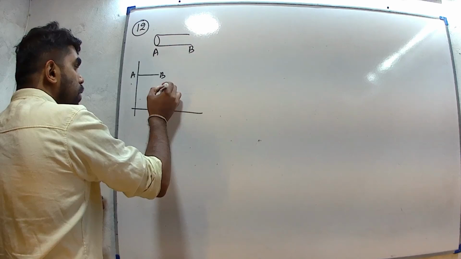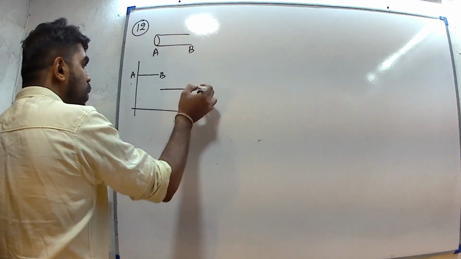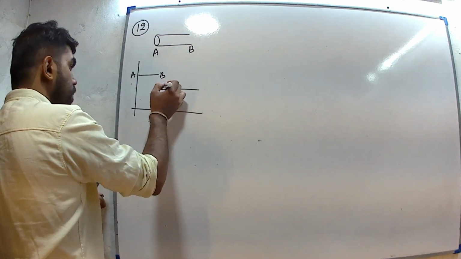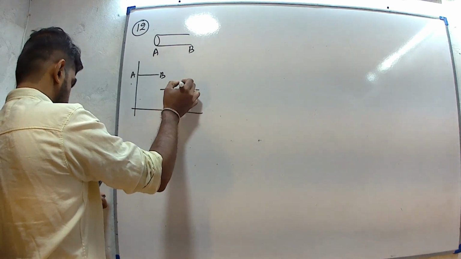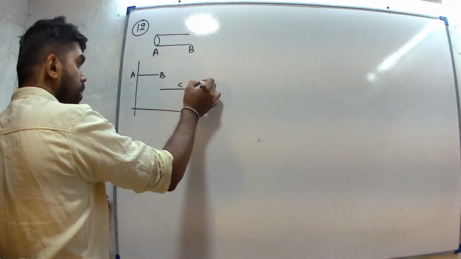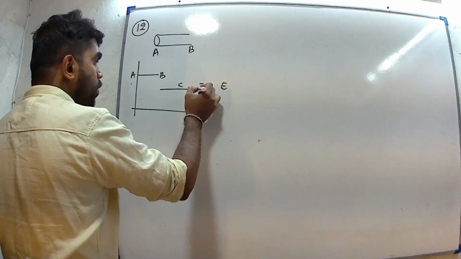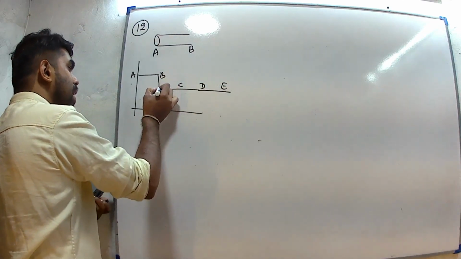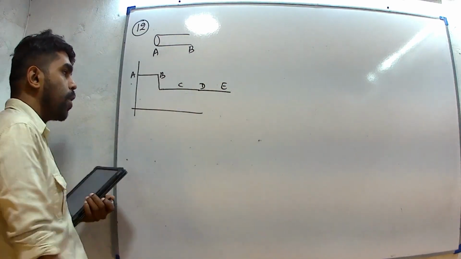Therefore, velocity from B to E should be a constant value and it should be less than the velocity in the AB part.